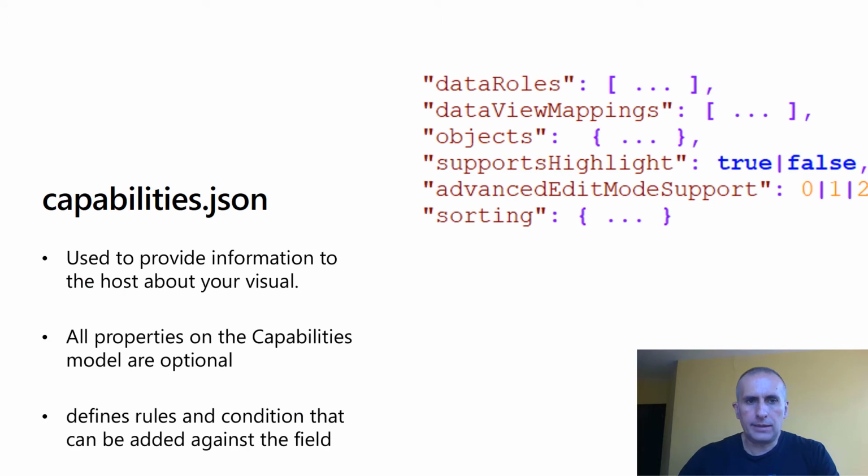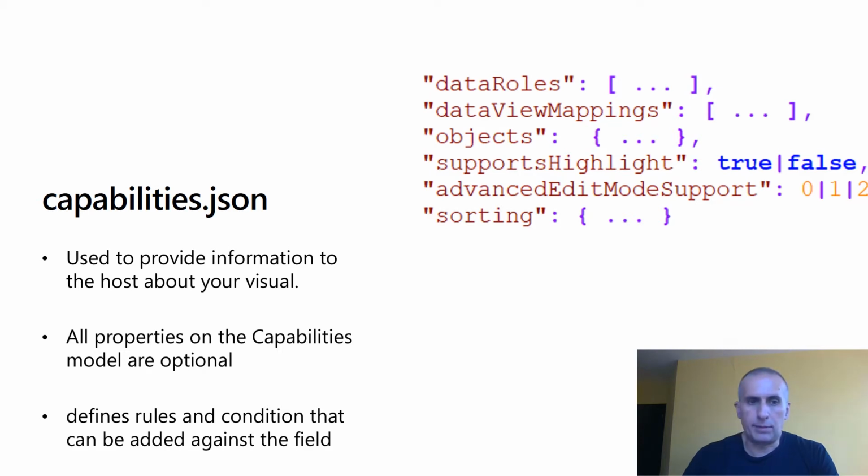Let's look at the capabilities.json file. This is probably the second most important file in our Power BI visual component project. In this file, you have several sections very important for all settings. Capabilities.json is used to provide information about the host for your visual, and there are also properties on the capabilities model which are optional.